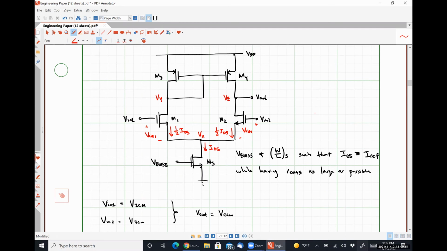So recall that M3 and M4 form a current mirror, right? A PMOS current mirror, where transistor M1 is generating the reference current for that mirror. So if M1 is carrying a current of 1/2 ID5, M3 is supposed to be carrying a current of 1/2 ID5 as well.